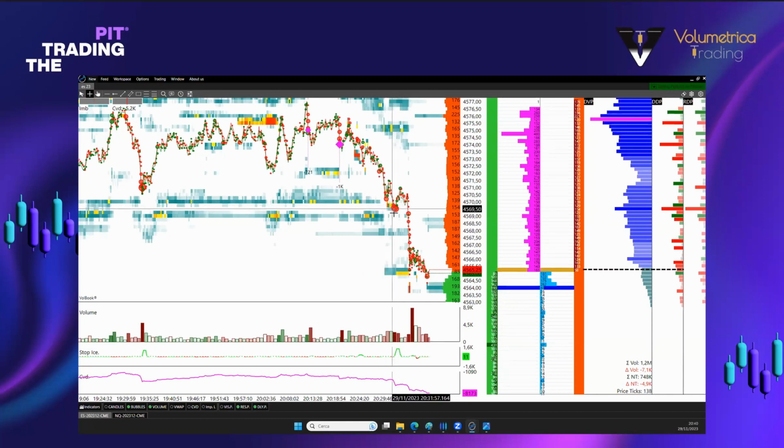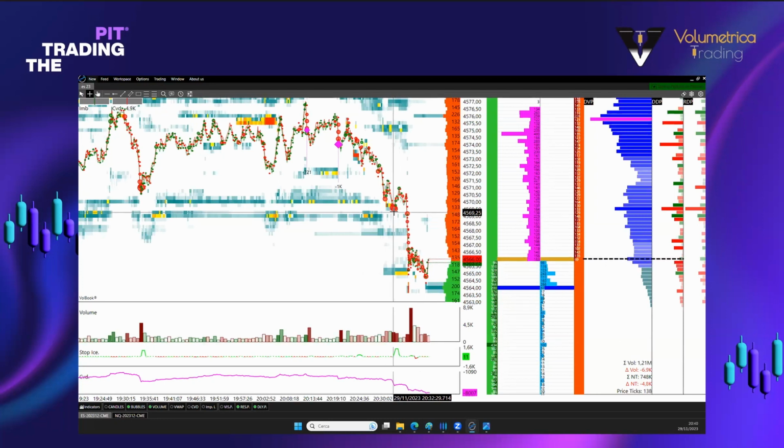We need to see a huge red bubble, because of course that bubble will show aggressive sellers being the counterpart for the iceberg. And that's basically what we can consider the iceberg area.